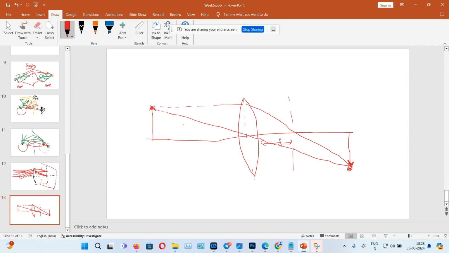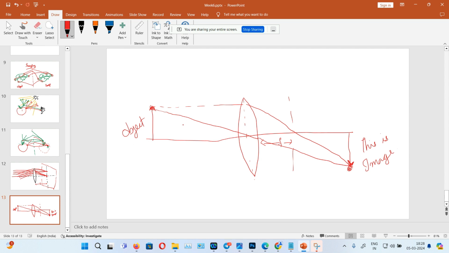In a similar way, if that is an object, this produces an image, and a lens can do imaging of a system.